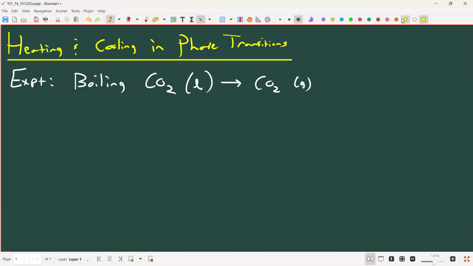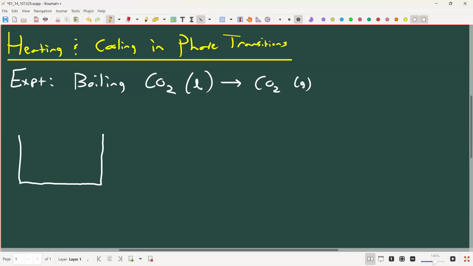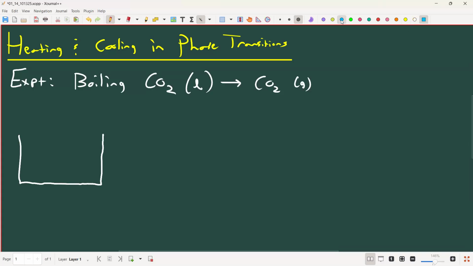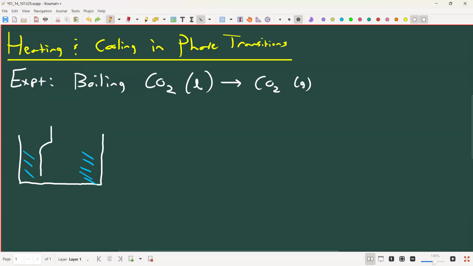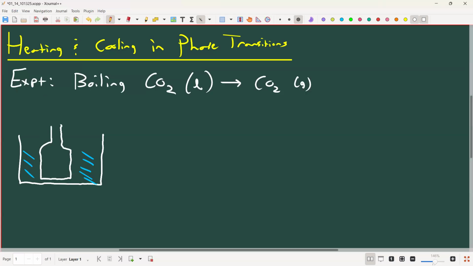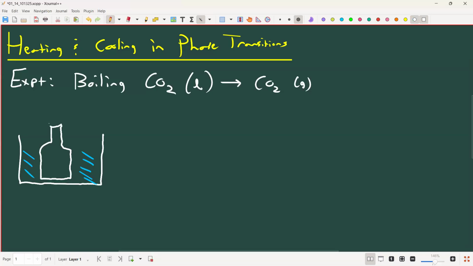All right, and I'm going to do it two different ways with the same apparatus. We're going to have a water bath at some temperature, and inside of that, we're going to put a flask. Or some sort of decanting, some sort of bottle that's cappable.